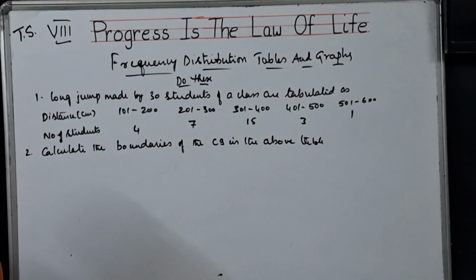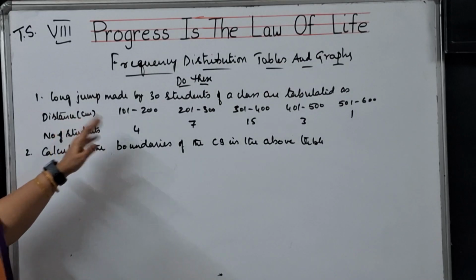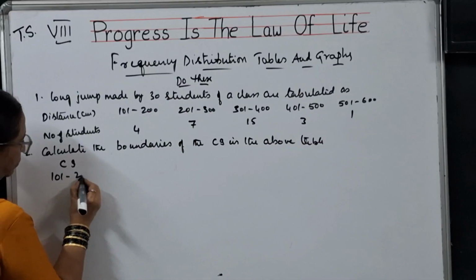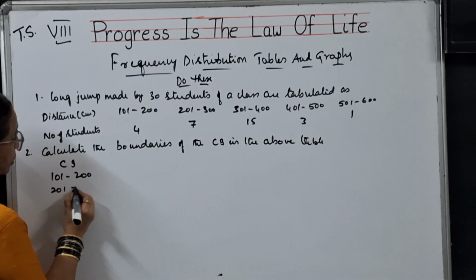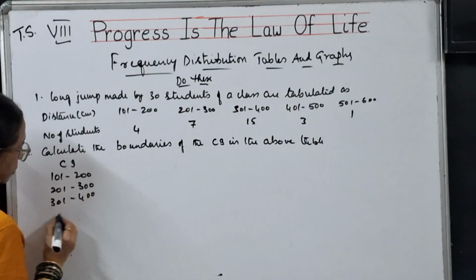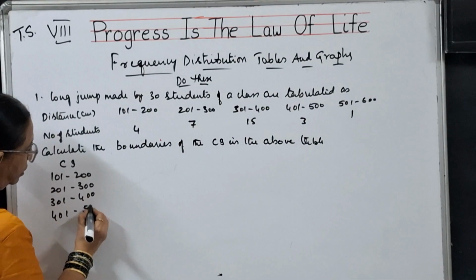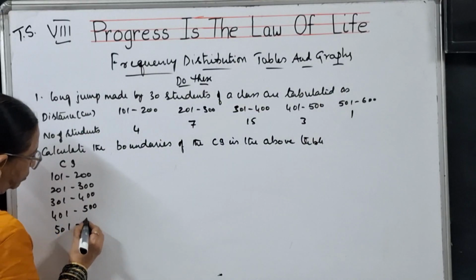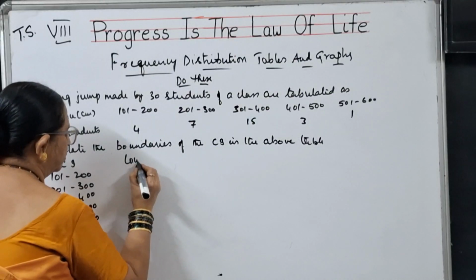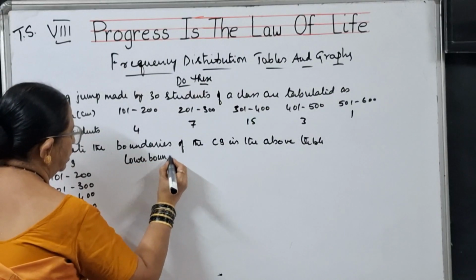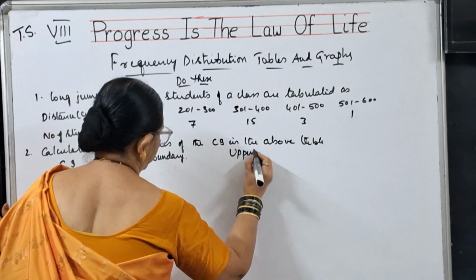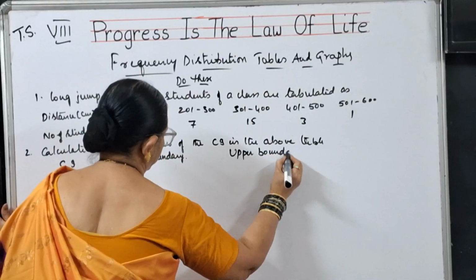Now, the second problem is you have to calculate the boundaries of the class intervals. So let me first write the class intervals. What are they? 101 to 200, 201 to 300, 301 to 400, 401 to 500, 501 to 600. Now you have to find the boundaries: lower boundary and upper boundary.